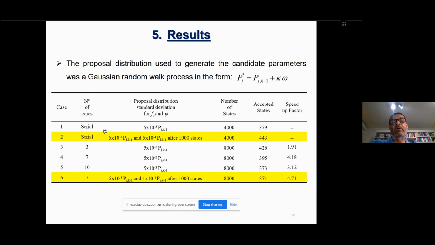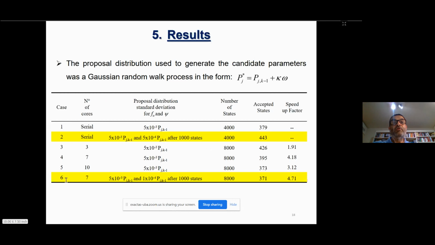Cases 1 and 2 differ by the way that the candidates were generated in the Metropolis-Hastings algorithm. For the first case, we have used a Gaussian random walk process with a constant standard deviation. But for the second one, after 1,000 iterations, or 1,000 states of the Markov chain, we have reduced the standard deviation of the proposed distribution.